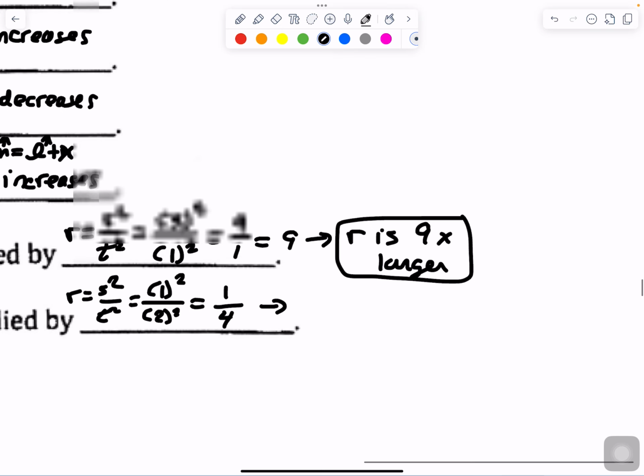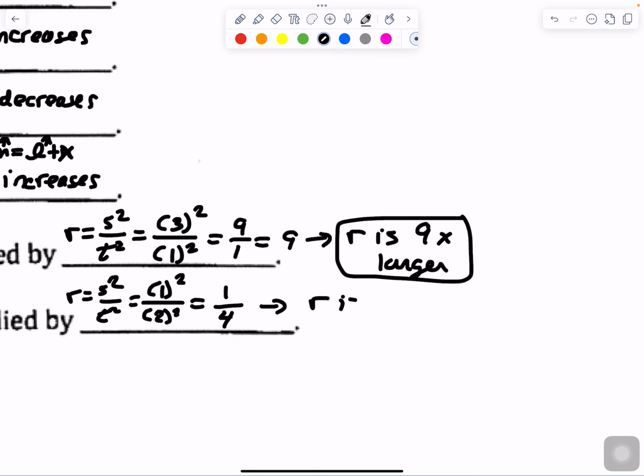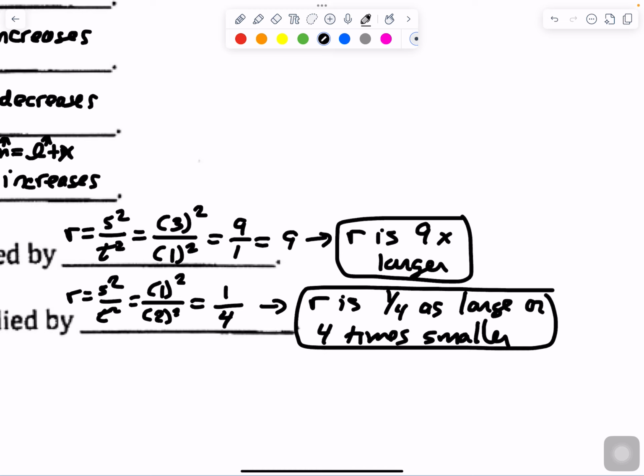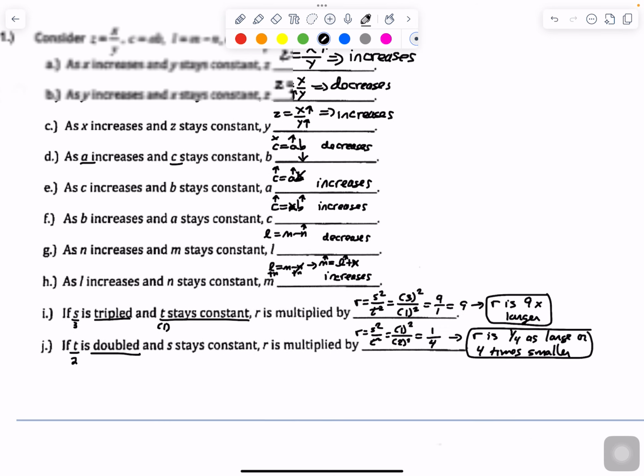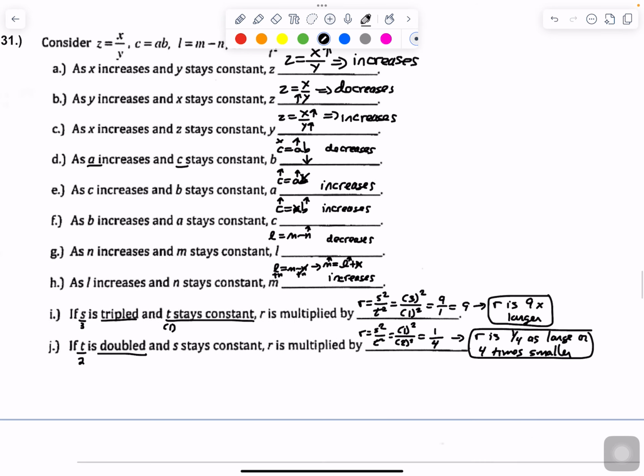That means r is 1/4 as large. You could say it that way, or you could say 4 times smaller. To be 4 times smaller is 1/4 as large. This type of proportional reasoning is going to be really helpful when we study geometric optics and the magnification of images from mirrors and through lenses.